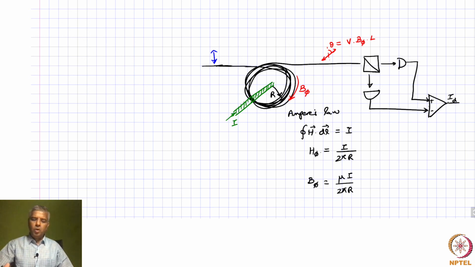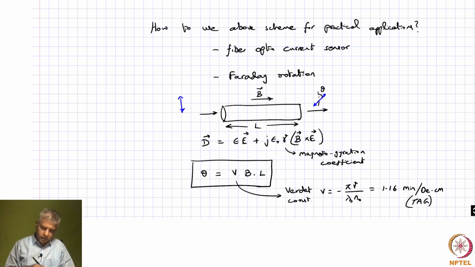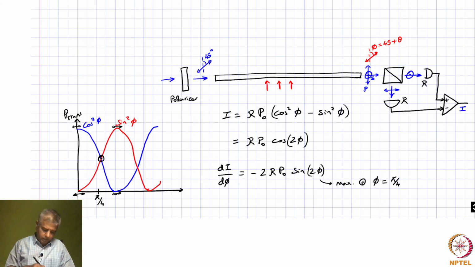Okay, so there are some very interesting aspects of this. This is highly sensitive to current. Of course, you can go back to the earlier discussion and say that your best operating point is here.